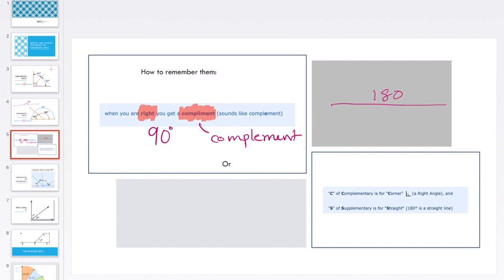If you can distinguish one angle type, then you're going to remember the other is the other one. So try to remember at least one. I would focus on complementary and 90 degrees. That's an easy one to remember. So you choose which way you want to remember.